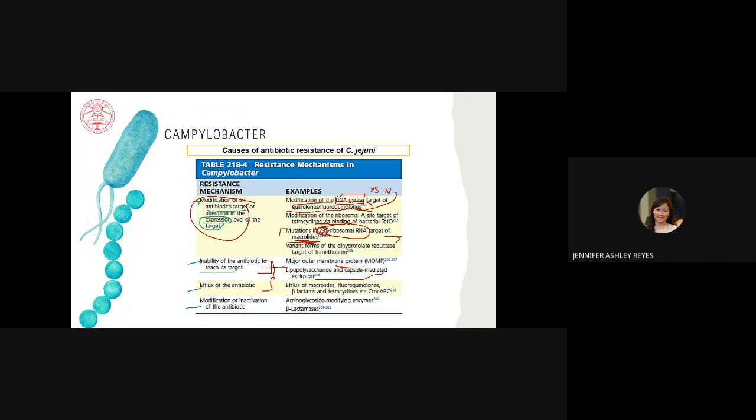And one example of an efflux pump present in Campylobacter is the CmeABC. So this efflux pump is associated with the resistance to certain types of antibiotics, for example, quinolones and tetracyclines. And lastly, the presence of enzymes, for example, beta-lactamases or aminoglycoside modifying enzymes, so they can degrade or modify the antibiotics, rendering them non-effective already.